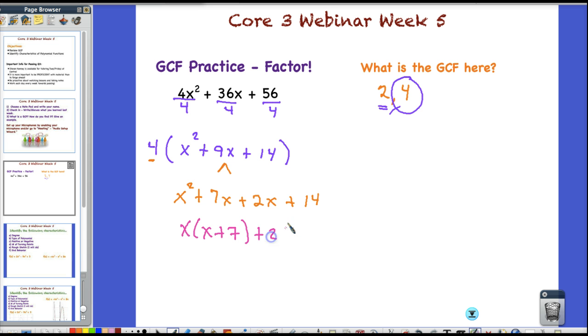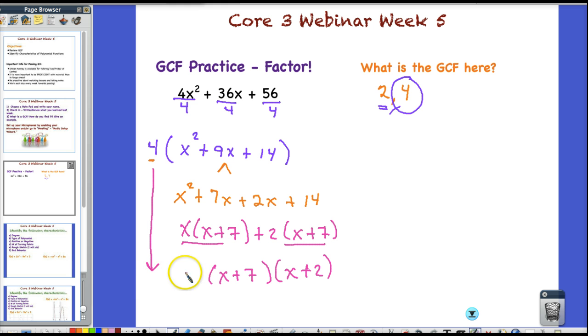You pull out your 2 and get x plus 7, and you're so excited because they're the same and you're doing it right. Then you pull out the x plus 7, and what's left is x over here and 2 over here, and you're so excited, and then you're done. The only problem is this poor little 4 right here, he feels so sad and alone, and he's crying because you left him out. So he has to come back onto the equation like that.